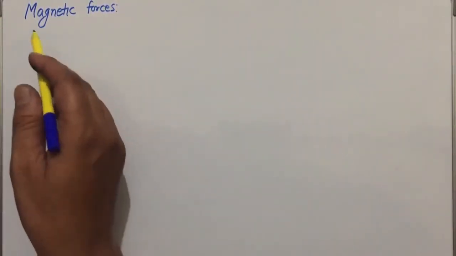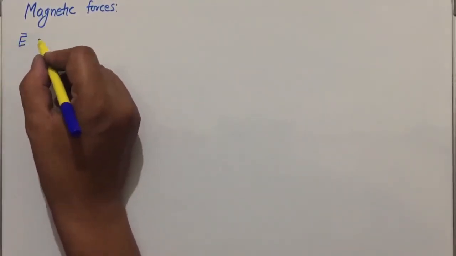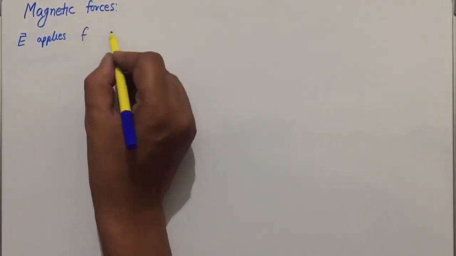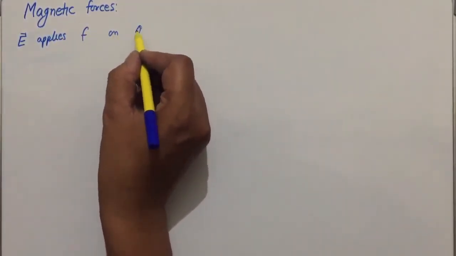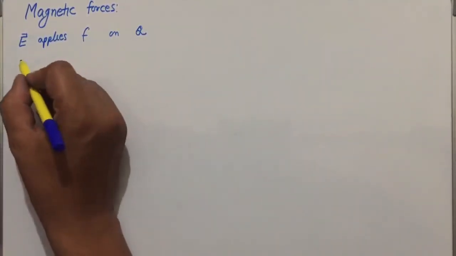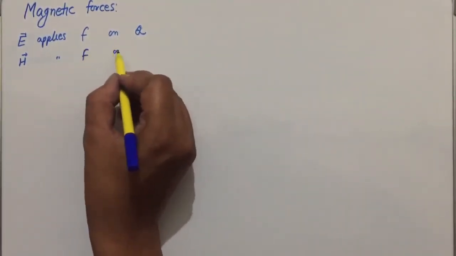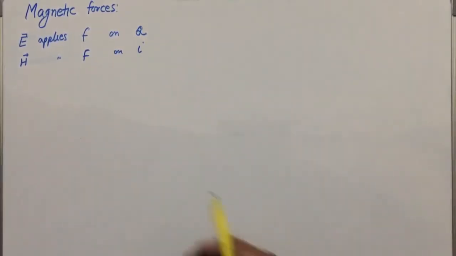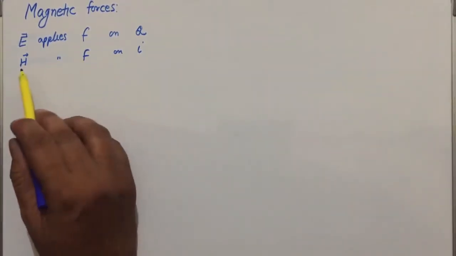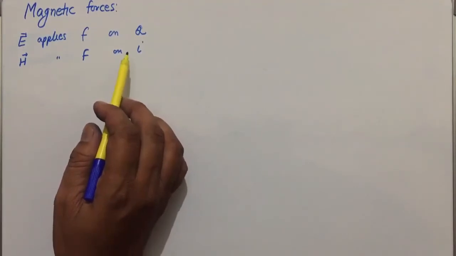Now let us discuss magnetic forces. We know that the electric field applies forces on the charge, whereas the magnetic field applies force on current. It means that if there is a current in a magnetic field, then it experiences a force.